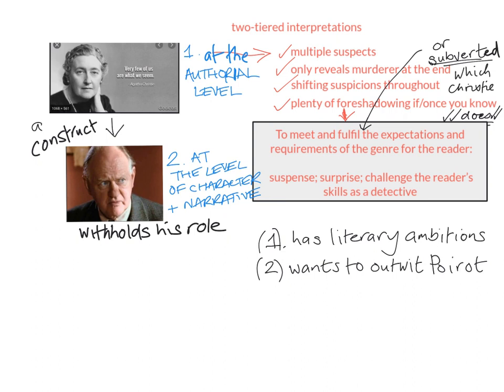Two reasons then. He wants to publish his own life events as a bestseller. He has literary ambitions. And number two, to reveal himself with the big sort of reveal at the end that he has bested Hercule Poirot.